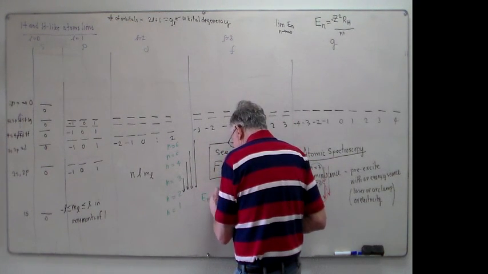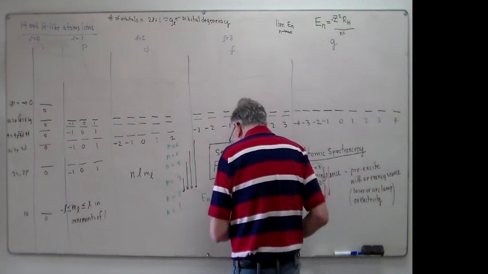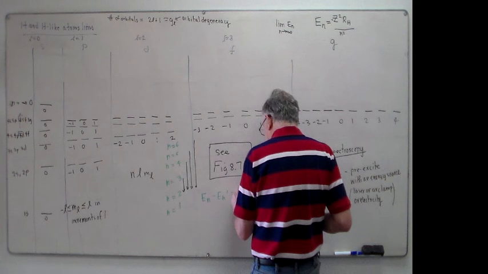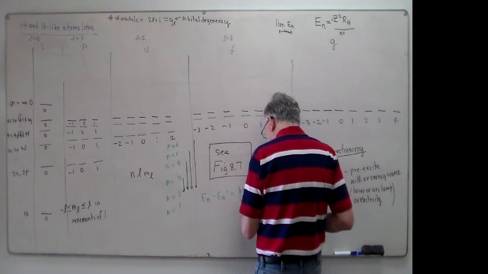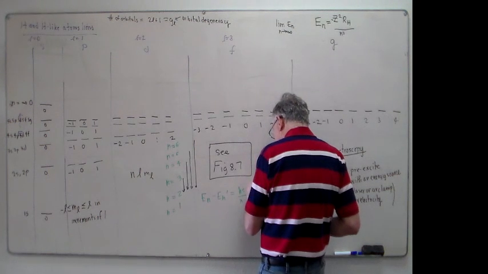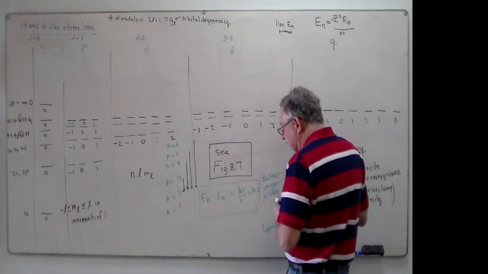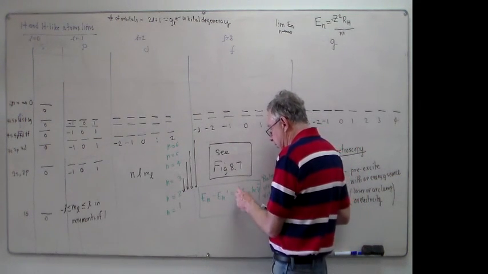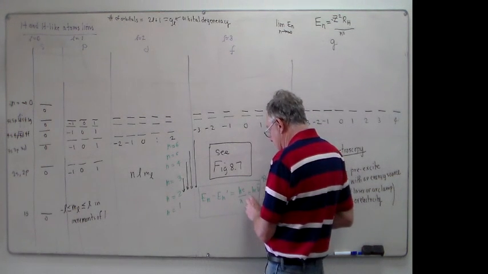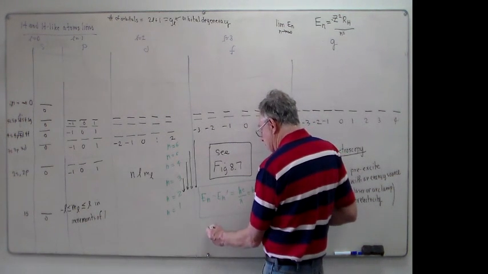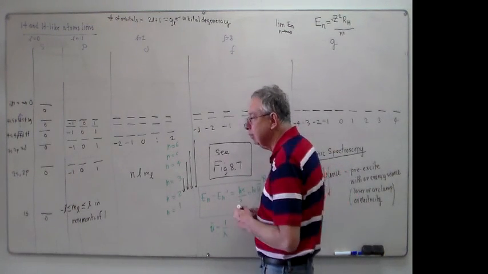So En minus En prime equals hc over lambda, or hc nu bar. The energy difference between the two levels equals Planck's constant times the speed of light divided by the wavelength of light, or hc nu bar, where nu bar is 1 over the wavelength.